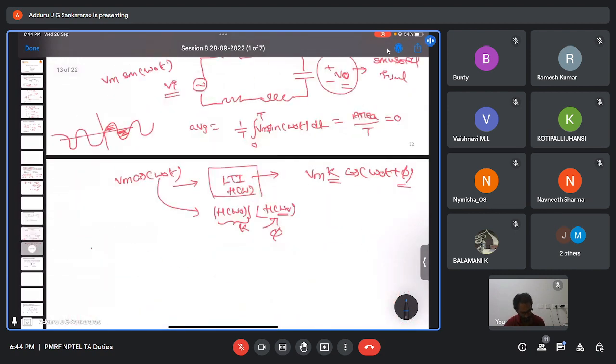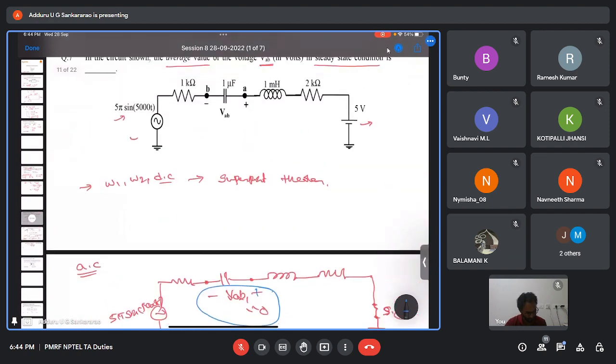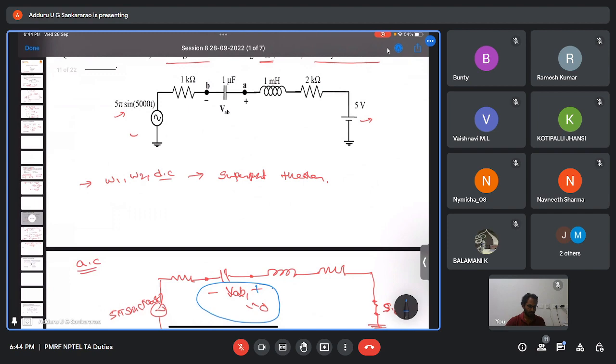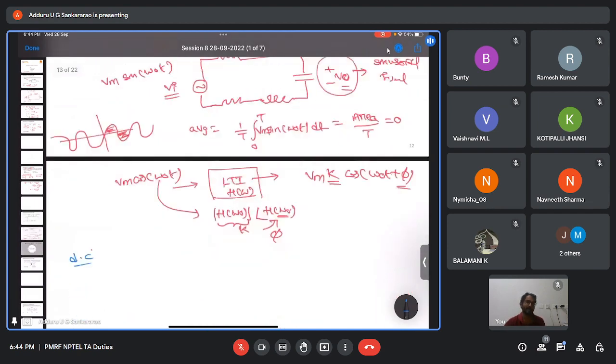Now the second source, the DC source, we will consider, and the AC source again we will short it. Now at steady state, I think you have studied transient analysis, right? DC transients.